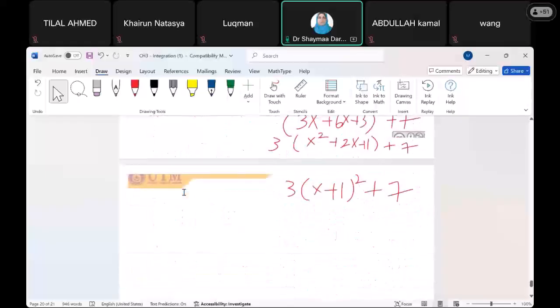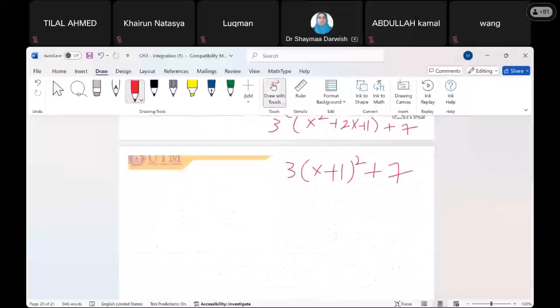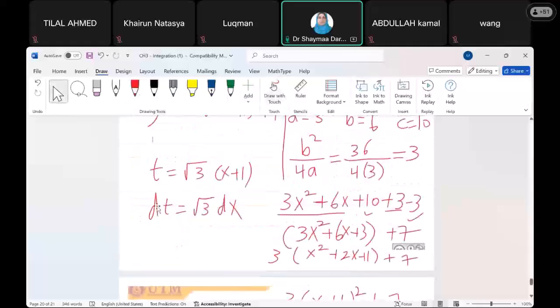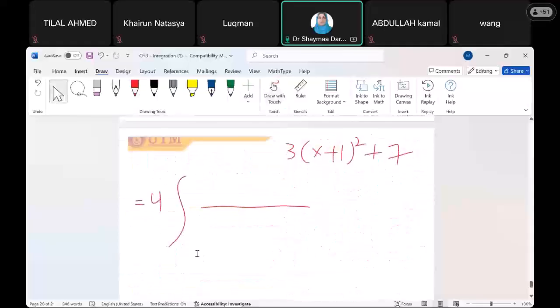So we have the integration, 4 is a constant outside. dx is dt over square root of 3.